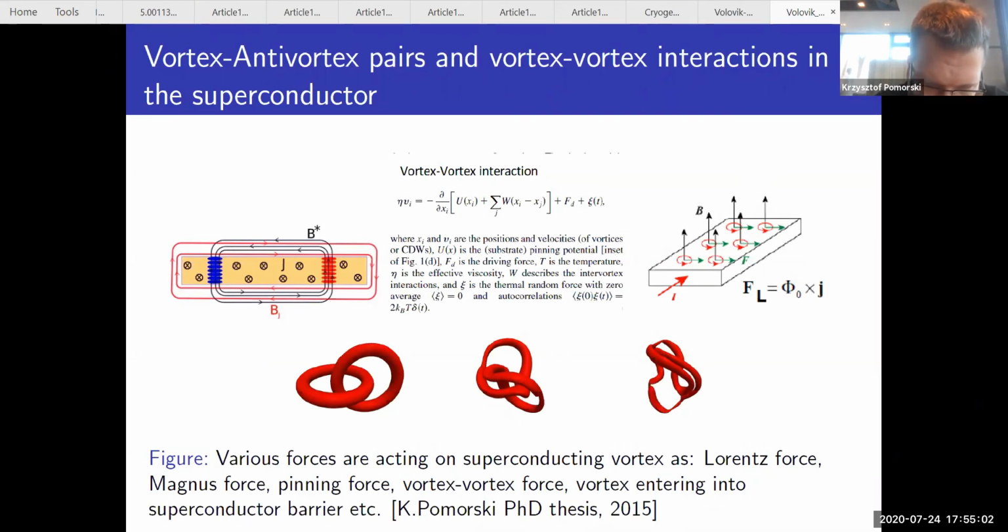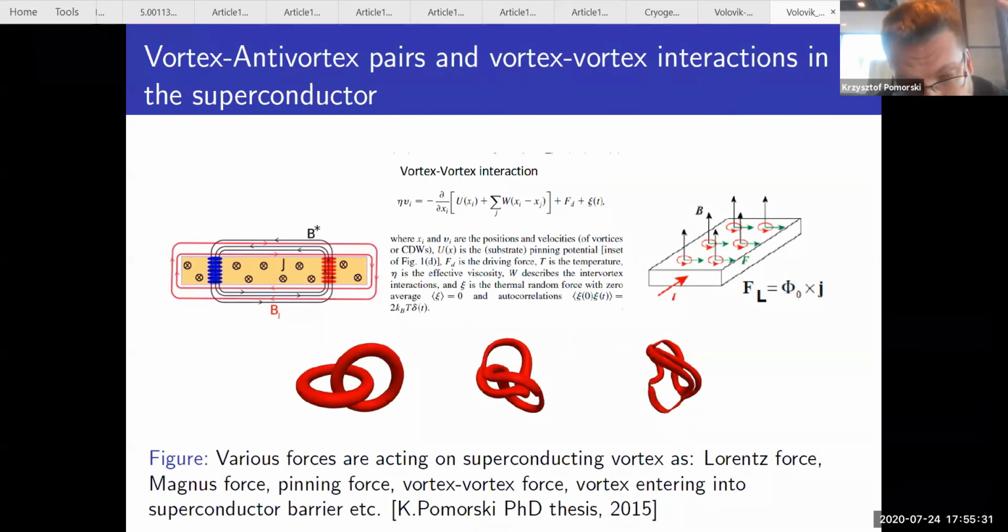All in all, there's also a vortex-over-vortex force. A very nice scenario is that around each vortex there's a flow of superfluid current, but there's also a flow of superfluid current at the interior. So a vortex cannot so easily move in the interior of the superconductor. There will be another force that tries to prevent the vortex from escaping the superconductor.